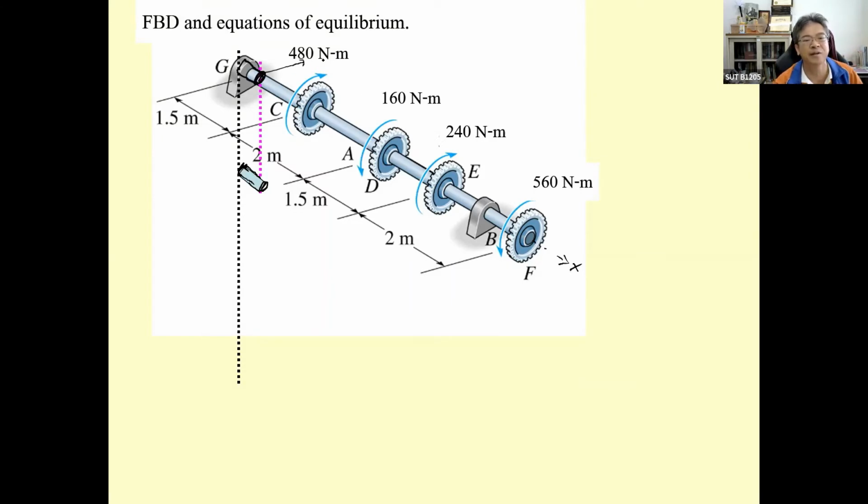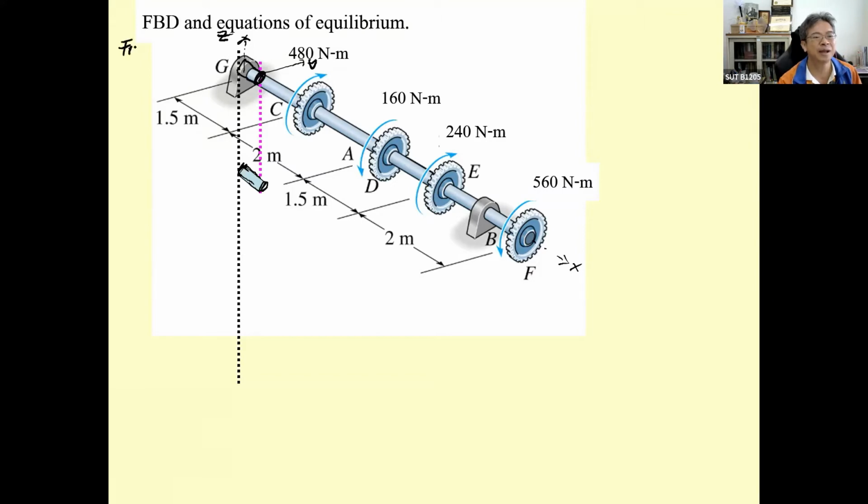Okay, you may set this one using the right-hand rule, the x, y. This is going to be the y-axis, and this is going to be C. In Thai, we call it Z. It's a C in American English. Okay. Anyway, by doing this, you also got to know the G.